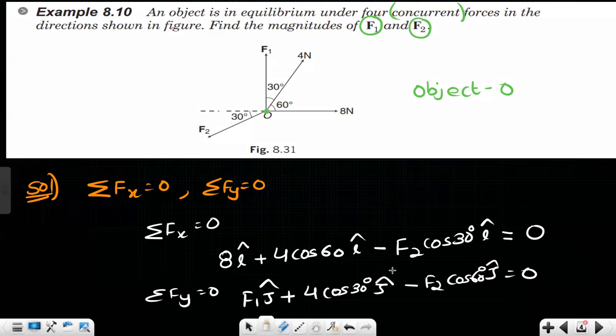If you get a doubt about any of the components, you can ask me: how 8 i cap is coming, how 4 cos 60 i cap is coming, how F2 cos 30 is coming, F1 j cap, 4 cos 30 j cap minus F2 cos 60. Now it's over, you just have to do the calculations. That's it.